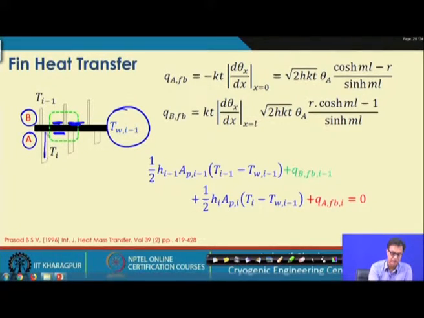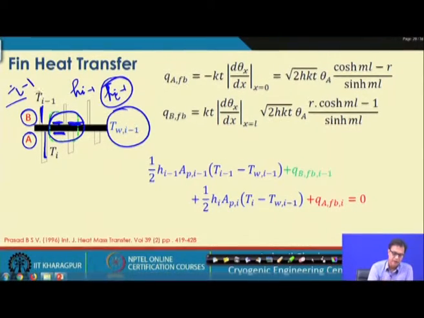We designate this fin as A and this as B. So, now we have this overall energy balance. If we take around this plate, we find half of h_i minus 1 for the i minus 1th fluid, whose temperature is T_i minus 1. This side fluid is i minus 1, and this is the ith fluid.